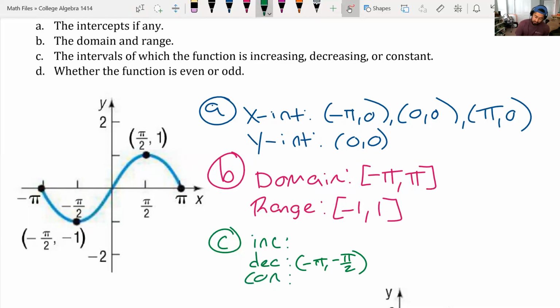And then, after negative pi over 2, what's the function doing? It's starting to increase. And this function increases from negative pi over 2 to pi over 2.